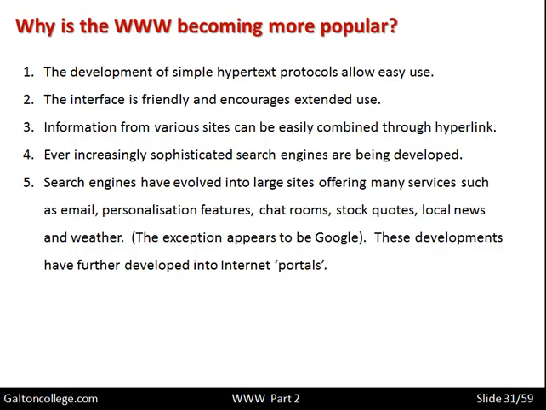A portal in the past was quite a simple idea, perhaps related to a local area. It could be part of a small town, perhaps. A small town could be a portal. It could contain information about the various shops and businesses and the community and so on. And people would access that site for information about that area. It was a bit like a local newspaper.